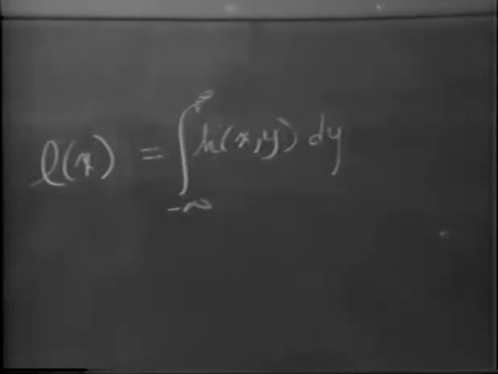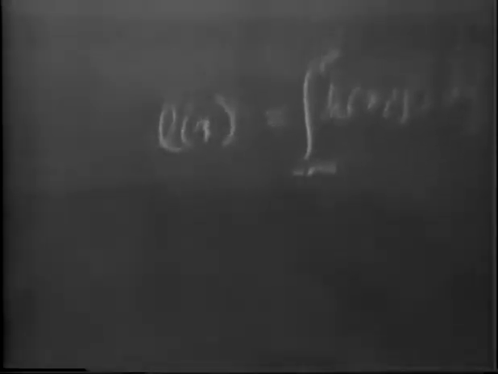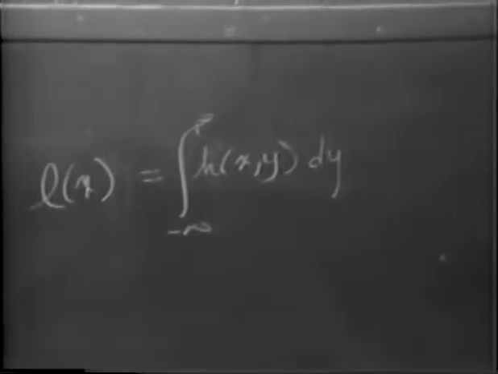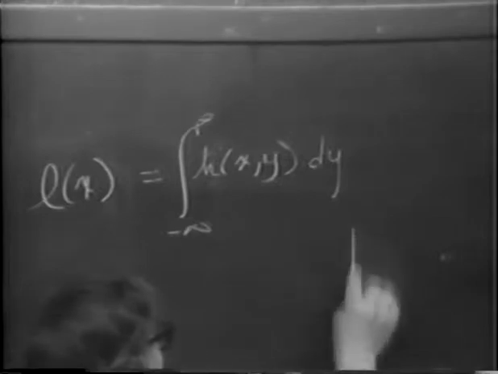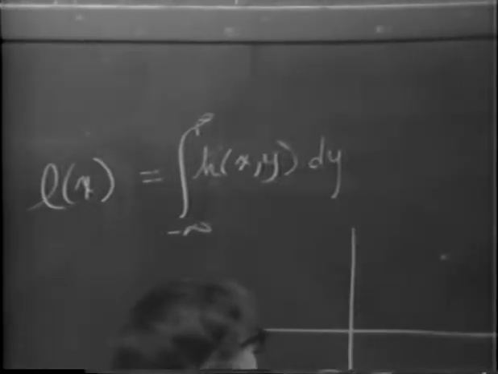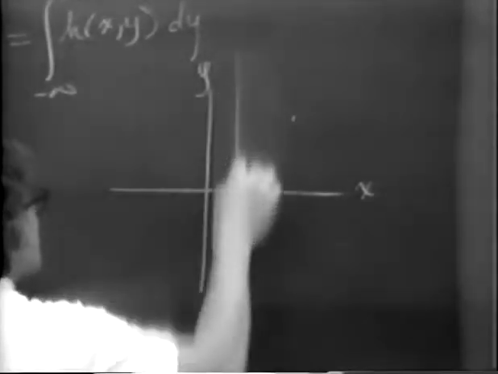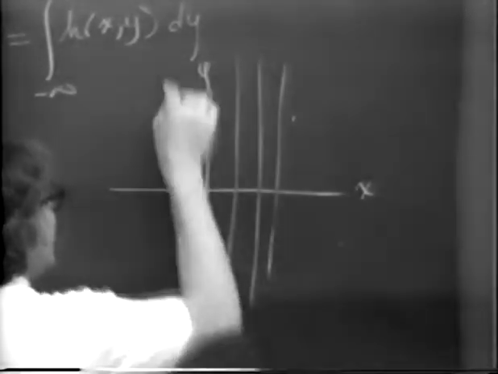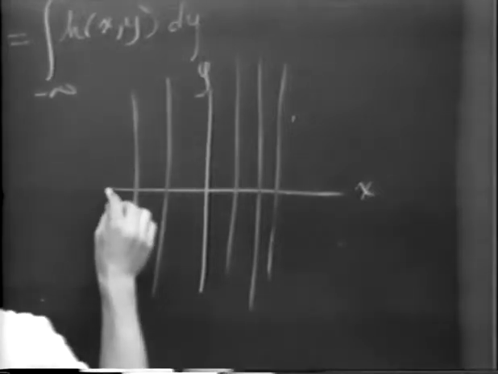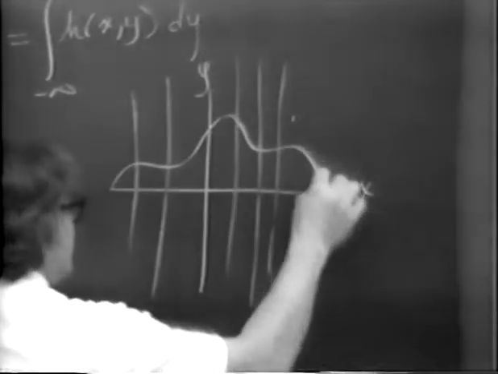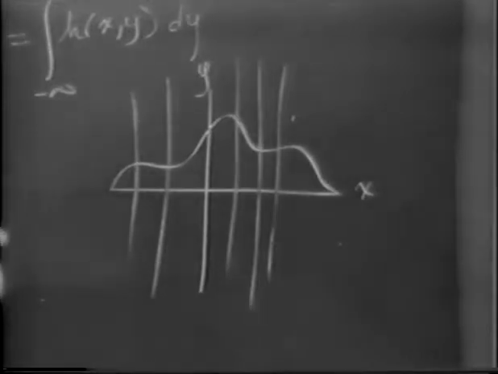Notice that it can be called a projection function, but it's different from the type of projection we did when we talked about an orthographic projection. If we have a two-dimensional function h of xy over here, and we integrate it with respect to y, up and down lines like this, we would generate just a function of x. And that's what that particular line spread function is.